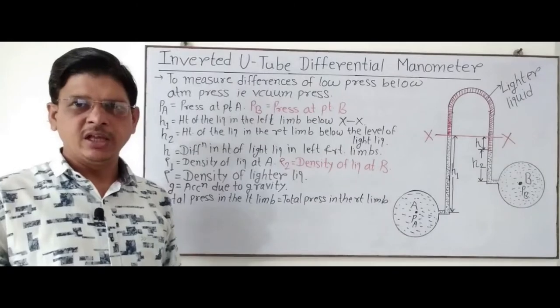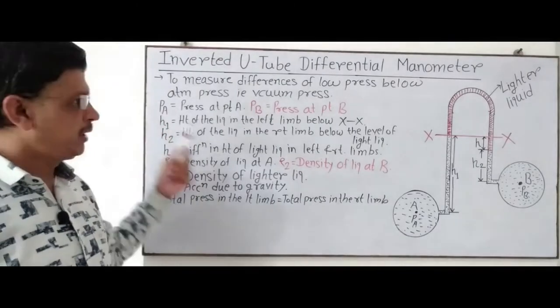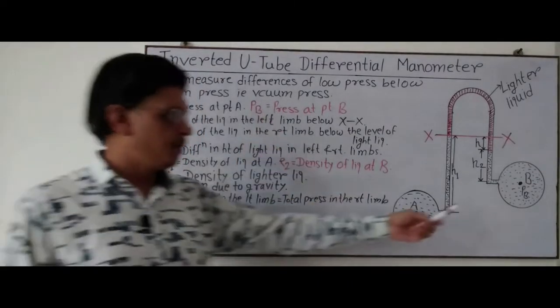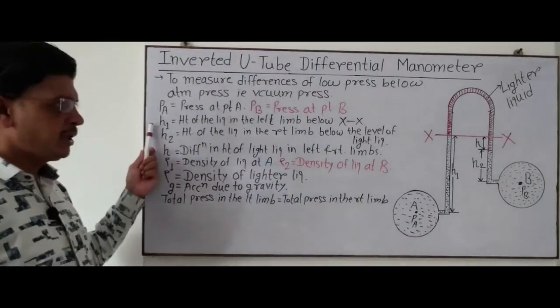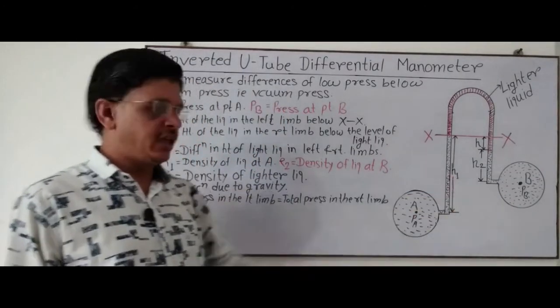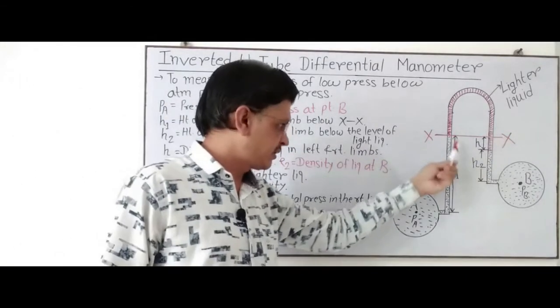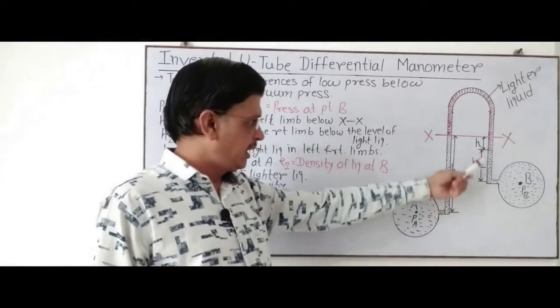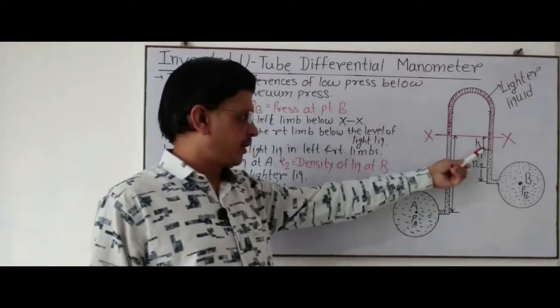Let us see the notations used here. PA is the pressure at point A and PB is the pressure at point B. H1 is the height of the liquid in the left limb below XX. H2 is the height of the liquid in the right limb below the level of light liquid.